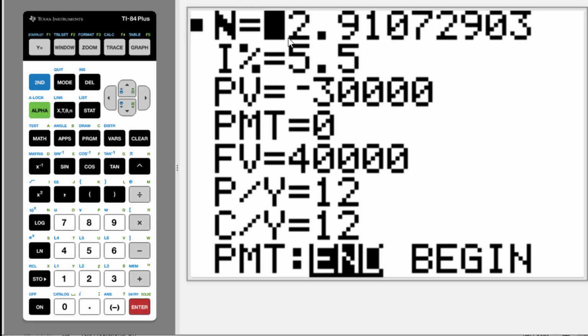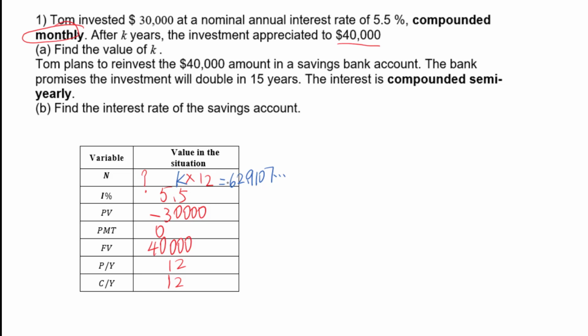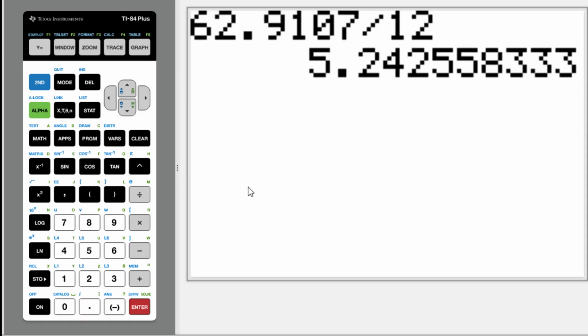You will get 62.9107. K times 12 equals 62.9107. Then K equals 62.9107 divided by 12.